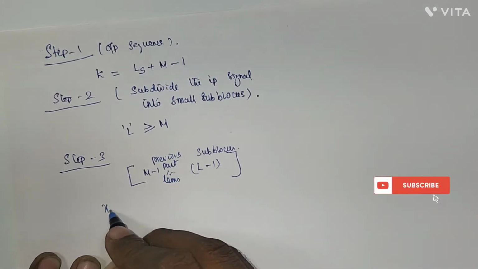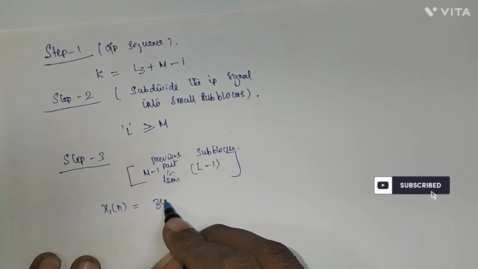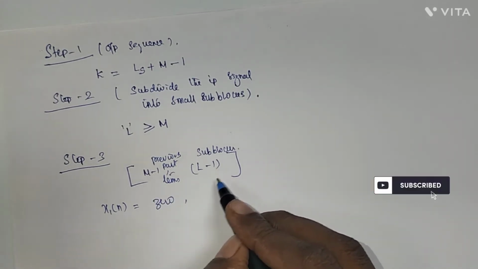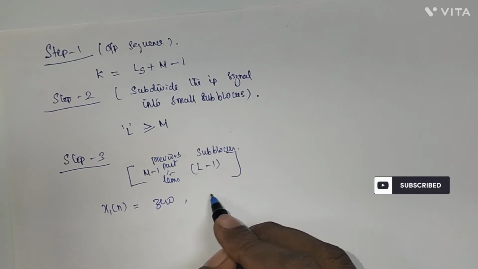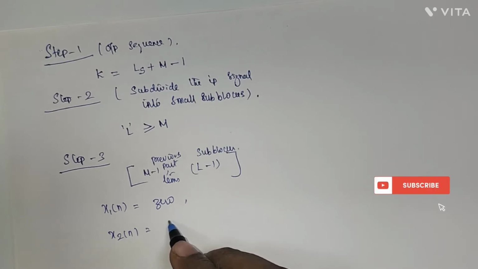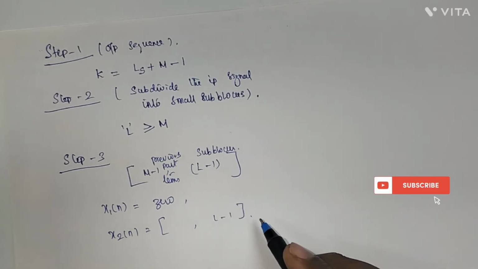In the first sequence, the past terms are 0, and the remaining are the L minus 1 input subblock samples. For x2 of n, it has the last m minus 1 terms of the first sequence, and the remaining are L minus 1 subblock samples.